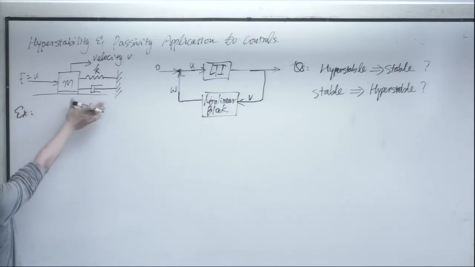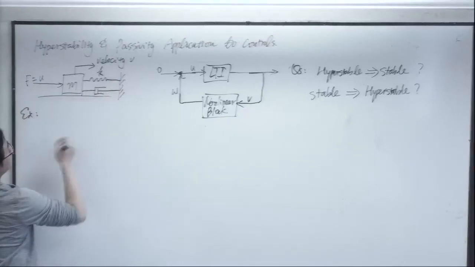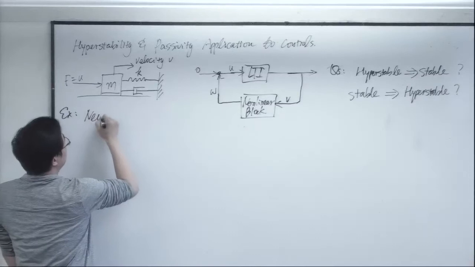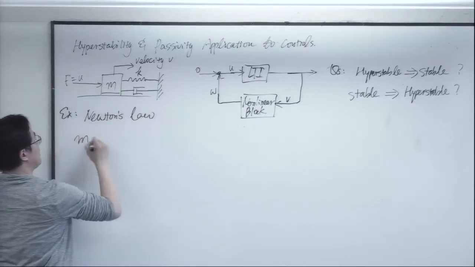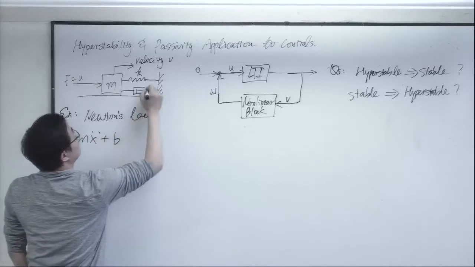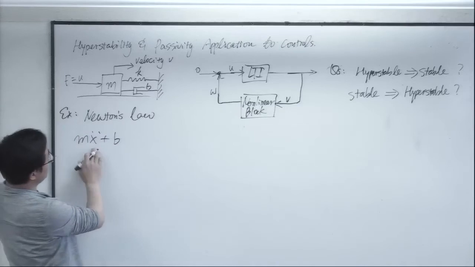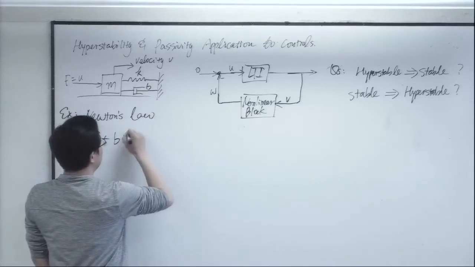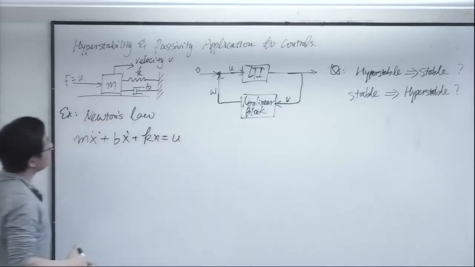We have a mass with force applied, and then we have a velocity as the output. So from Newton's law, we know that the governing equation is m x double dot plus b x dot plus k x equal to u, where x is the position.